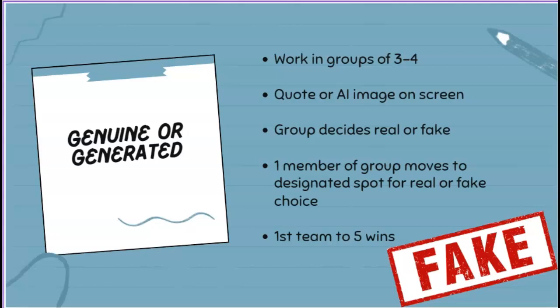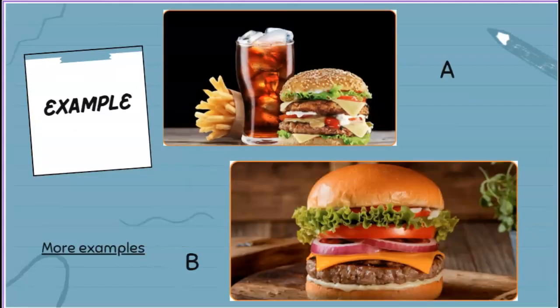Again, this could be a quote or an AI image that you have up there on the screen. So we might be asking the question, which one of these is real? So you could either have designated space in the room where you say A or B, or you might say, let's talk about image A. Do we think this is real or fake? And again, there's a lot of different ways you can do this.